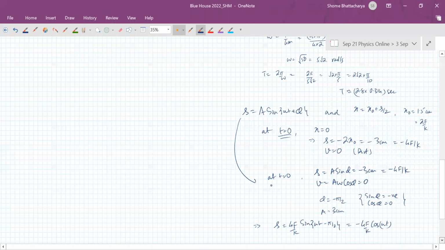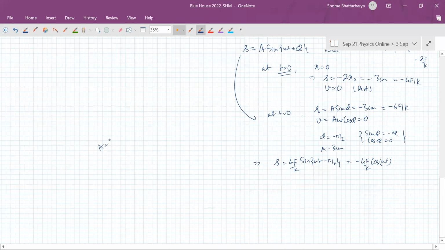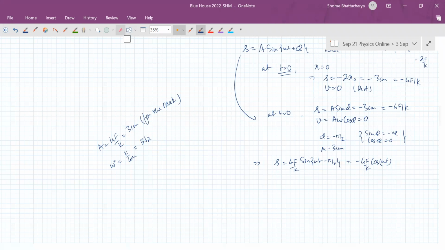So that's how I can understand that apart from the fact that amplitude is 4F by k equal to 3 centimeters for the block, omega square was k by 4m, which was equal to 5 root 2. Sorry, omega square was this. So omega was 5 root 2 radians per second.